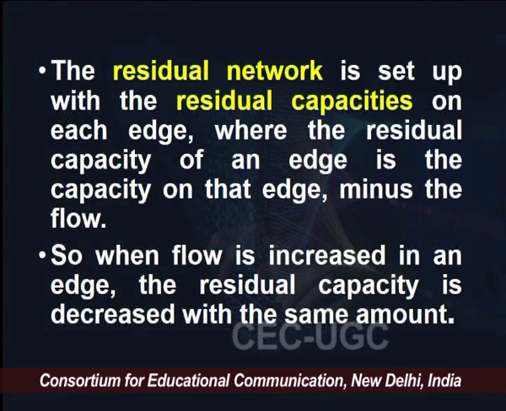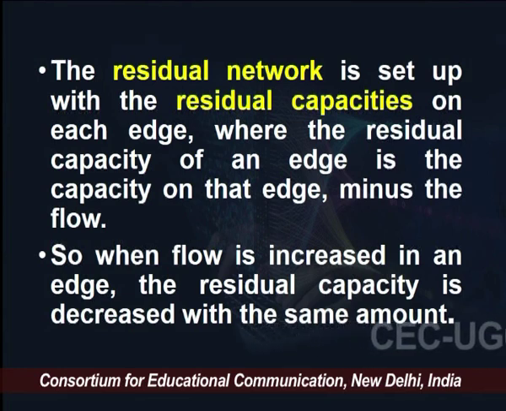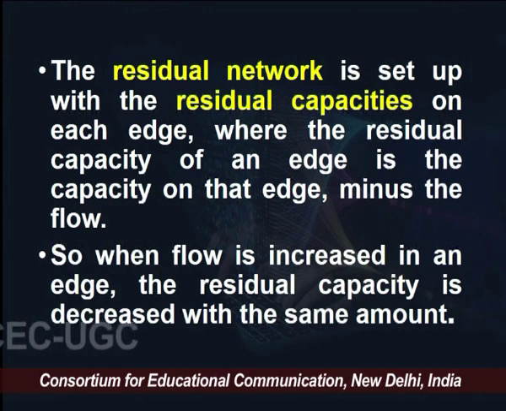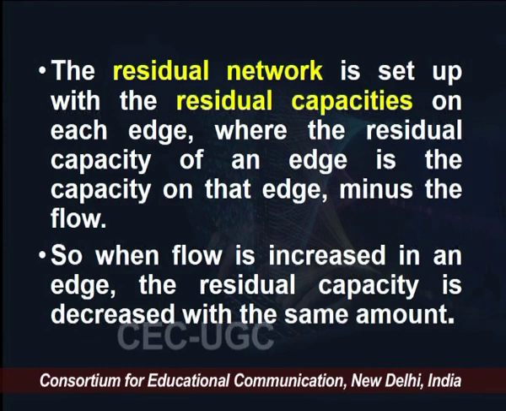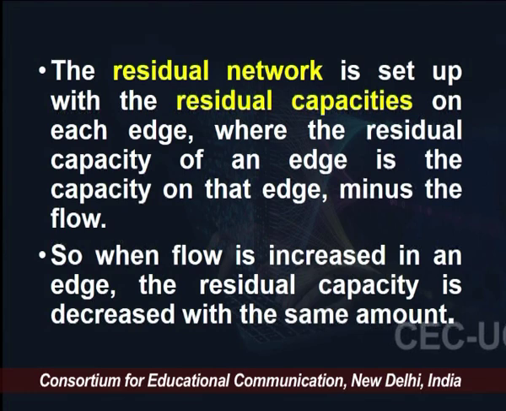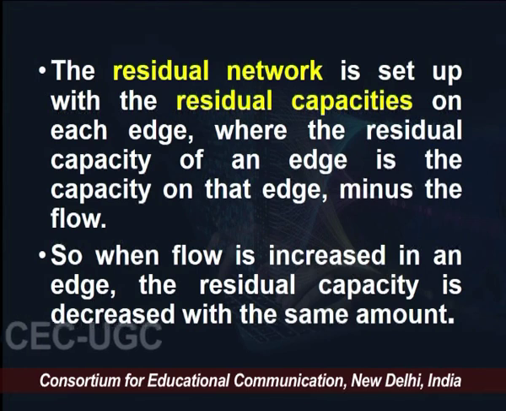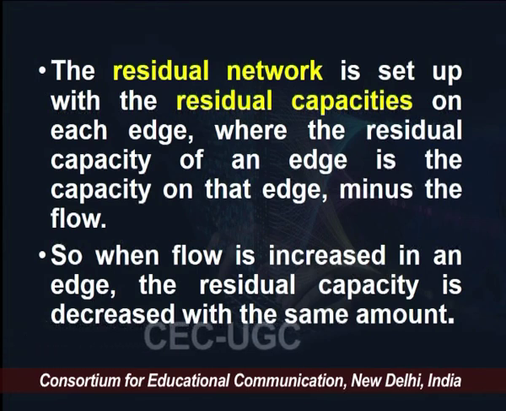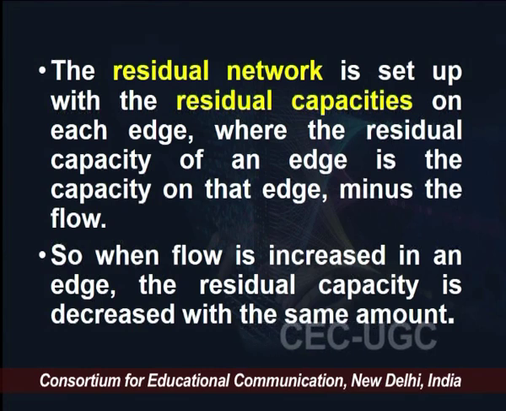So, the edge is written as 3/7. What is the residual capacity here? The residual capacity is going to be 4, since flow is 3, capacity is 7, and 7 minus 3 is 4.